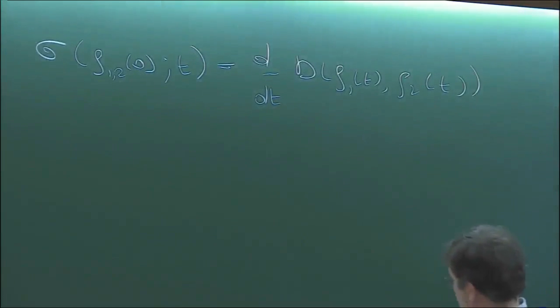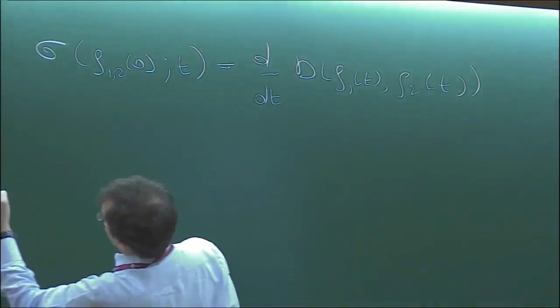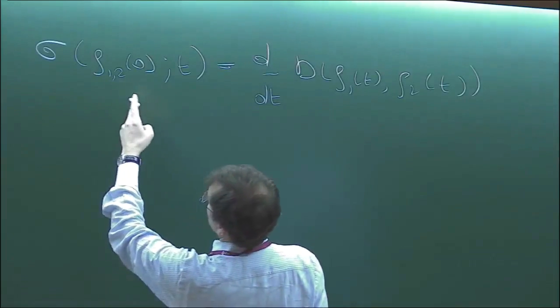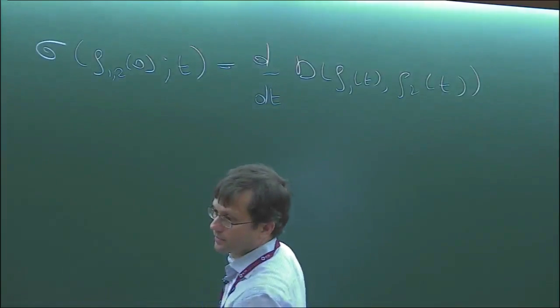Now, given this definition, one immediately sees that Markovianity is granted if for all couples of possible initial states and for all times this quantity is negative.